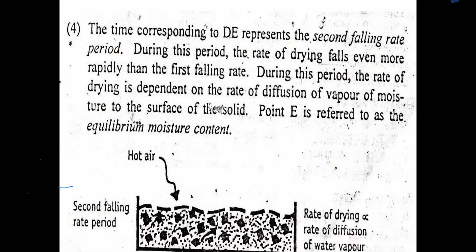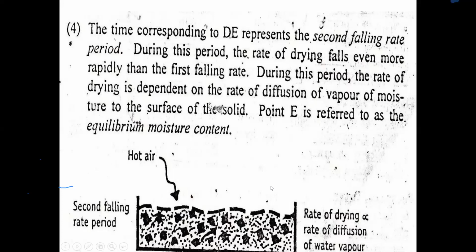So during this period, rate of drying depends on the rate of diffusion of the vapor pressure, which is coming to the surface of the solids. जोपर्यंत मॉइश्चर हे सॉलिड सरफेसला येत नाही, अप्पर सरफेसला येत नाही, तोपर्यंत इव्हॅपोरेट होत नाही, right. Then that point is referred to as the equilibrium moisture content, and the total process will stop. The material is dried, but somehow some moisture remains in that period, and that is point E.